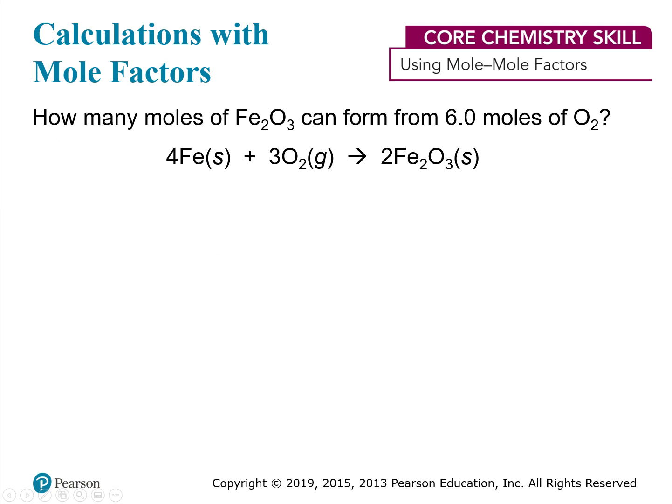So I'll show you a sample of how we can use the mole-mole factors. How many moles of iron 3 oxide can form from 6 moles of oxygen gas? Our given information is 6 moles of oxygen gas. So I'll highlight that in yellow in the equation too.